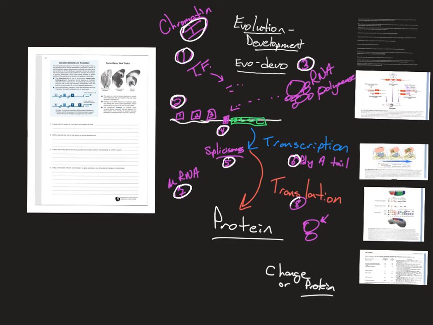You have translational control, so you can downregulate translation to slow it down or speed it up. So it changes the protein, and by changing or stopping the production of that protein, you're changing the development of that organism.